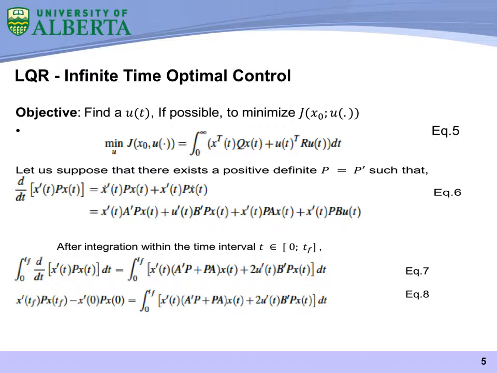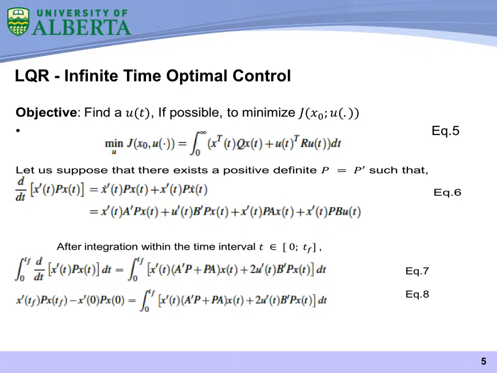And if we take the derivative, we will have x dot transpose P x(t) plus x transpose P x dot(t). This is very well understood. The next step is that instead of x dot, we substitute Ax plus Bu, and now we have this expression. This is an expression with all correct transposes.